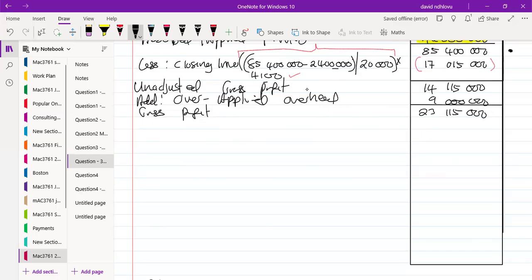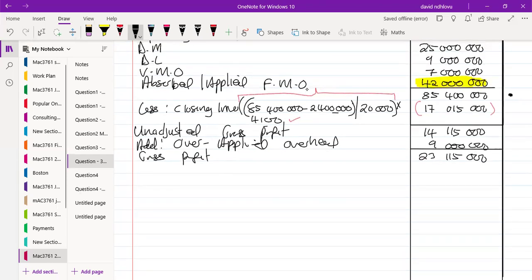Right, any questions on that, good people? Remember, this increases cost of sales, therefore reduces gross profit. So we have to add back the 9. So this is over applied.